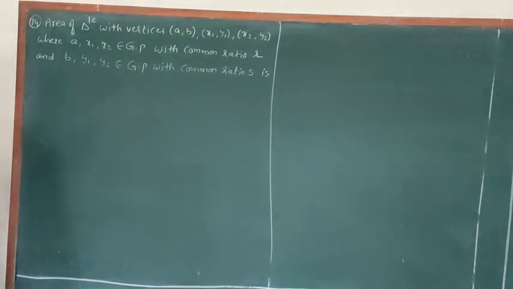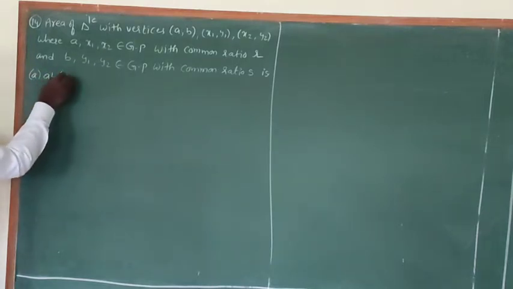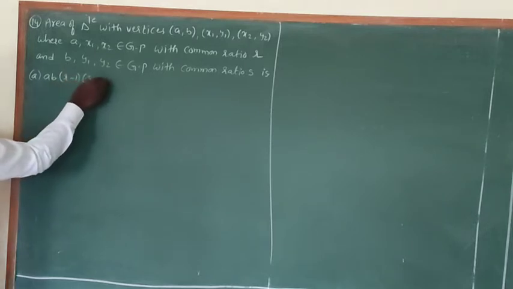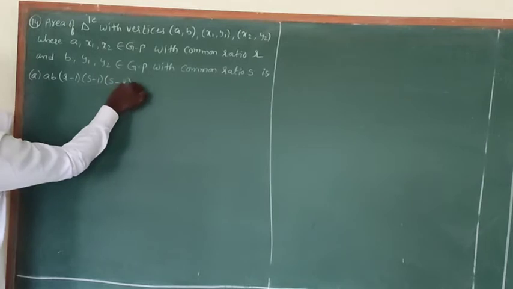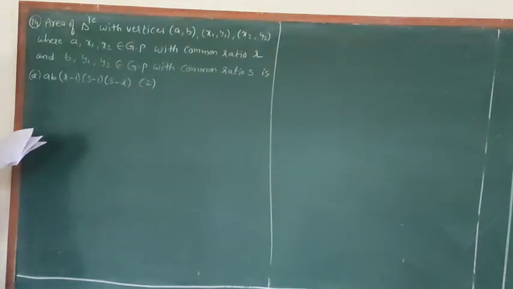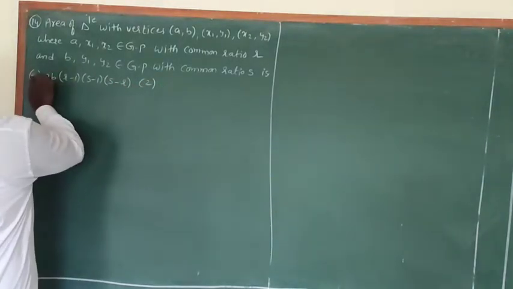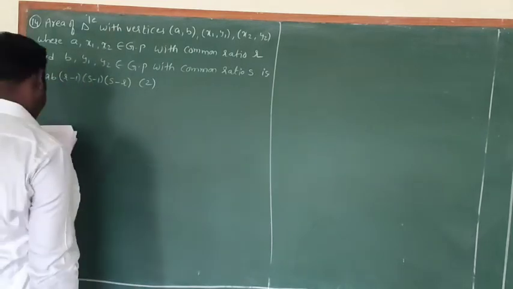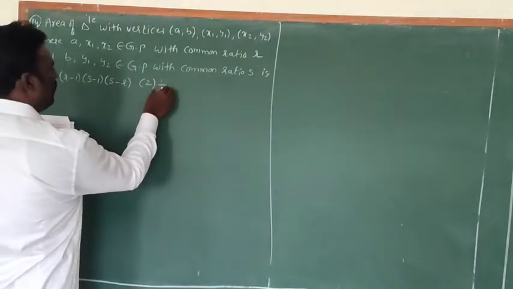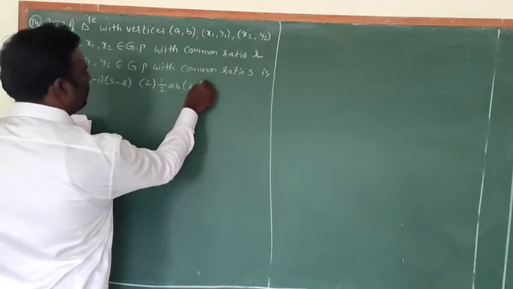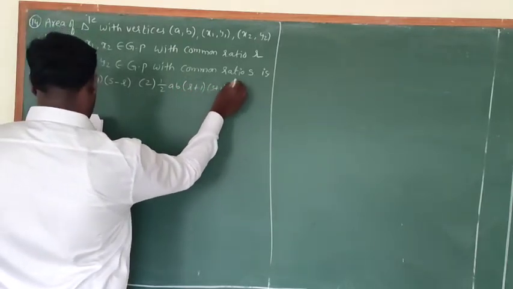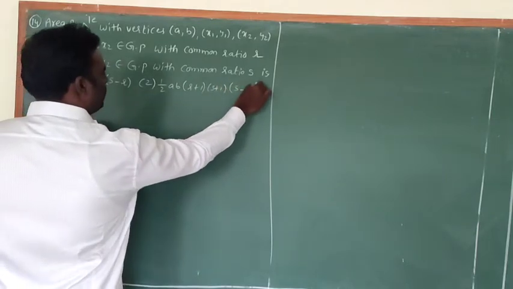First option, AB into r minus 1 s minus 1 by s minus r. Second option, AB into r plus 1 s plus 1 by s minus r.